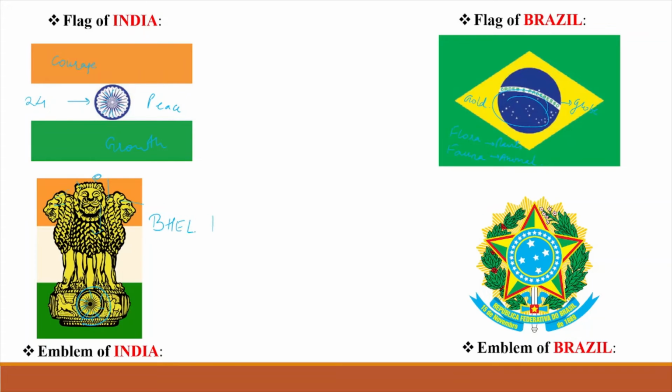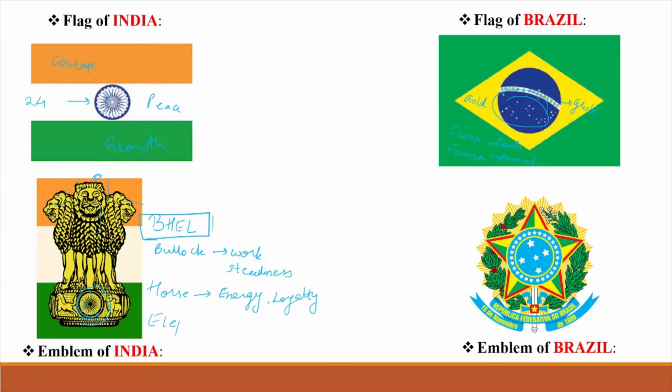We also have four other animals on it. This is the code word to remember. The bullock represents work or steadiness. Then we have the horse. Horse represents energy and loyalty.